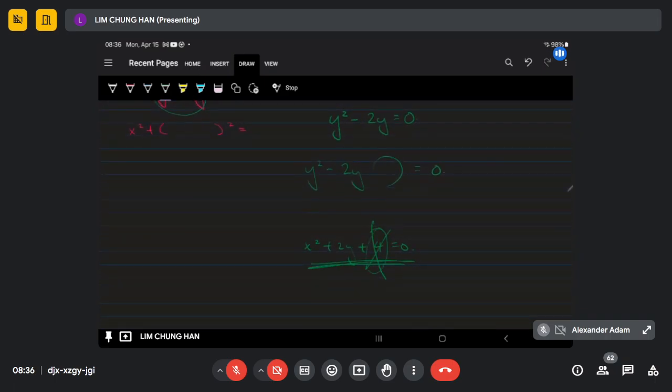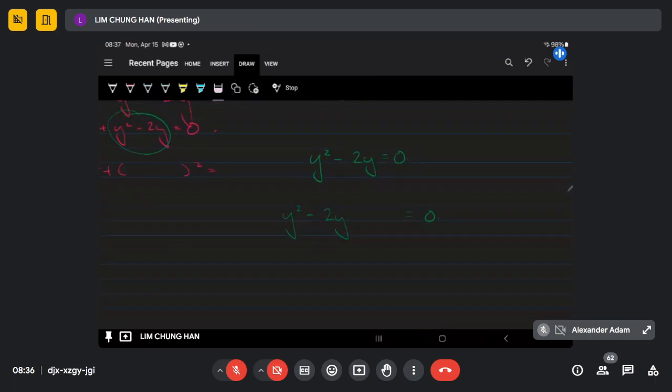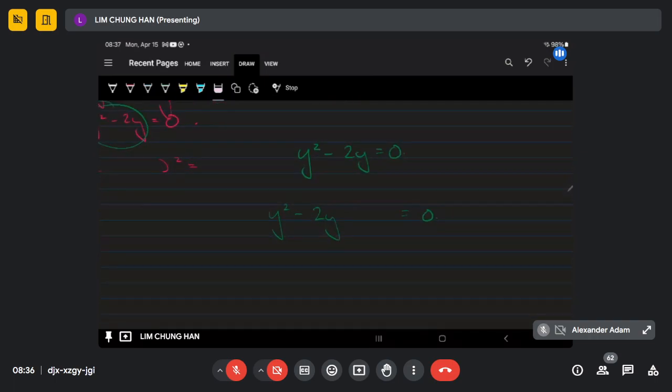Without that last number, that 4, you actually cannot factorize it. So you have to put that 4 in. You have to find that number in there. Then you can factorize. But what is that number? So the trick here is, how do you get a number so that you can do your factorizing?